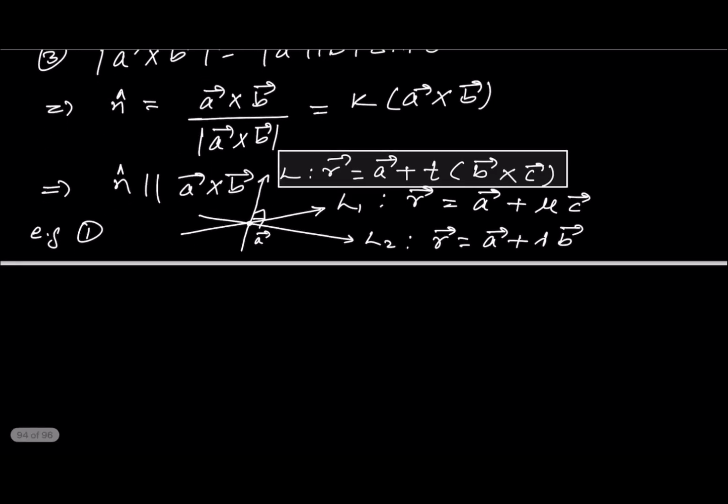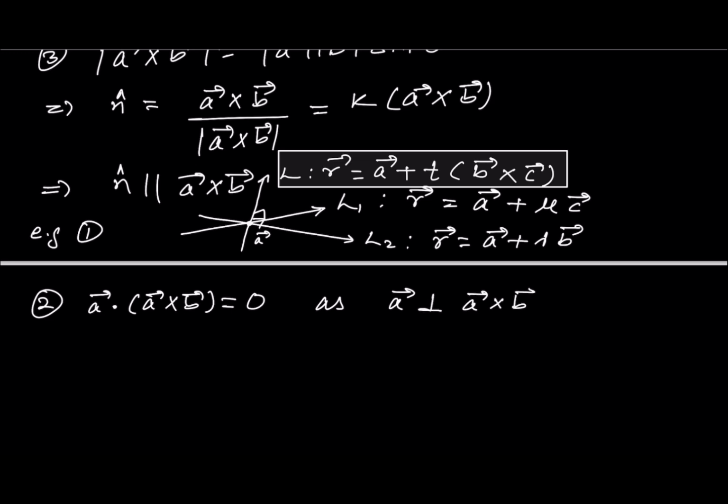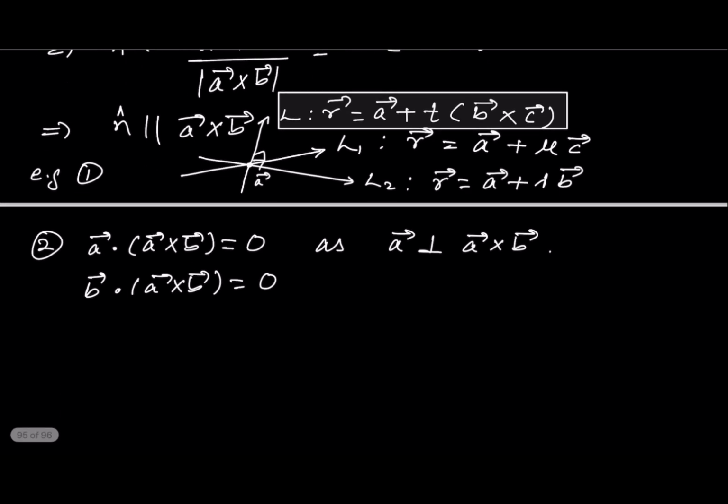Okay, now example 2, A dot A cross B is 0 as A vector is perpendicular to A cross B. Similarly, I can write B dot A cross B is 0, reason is same.